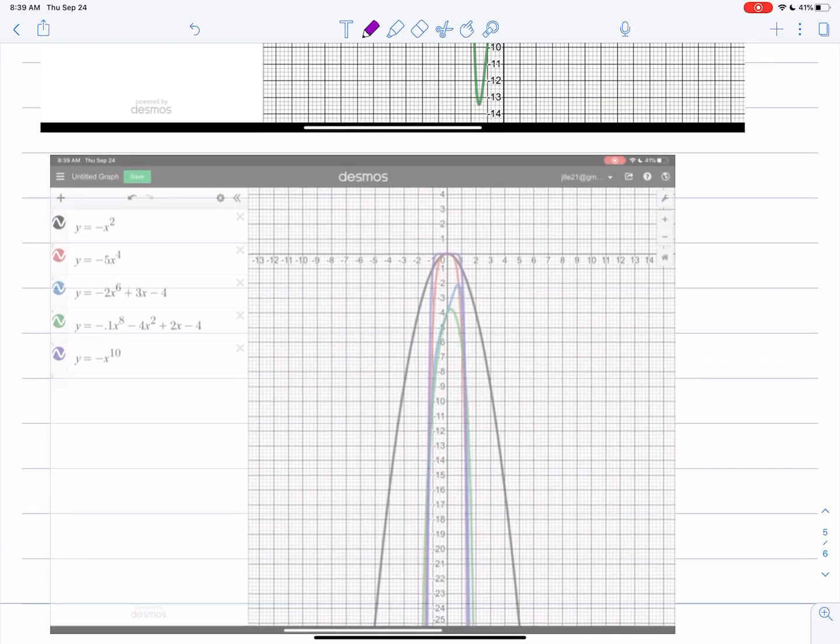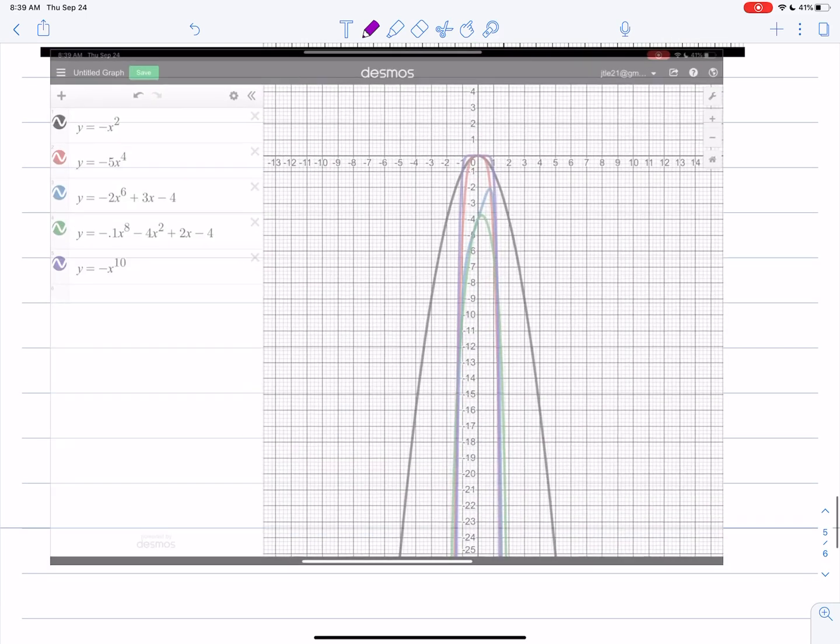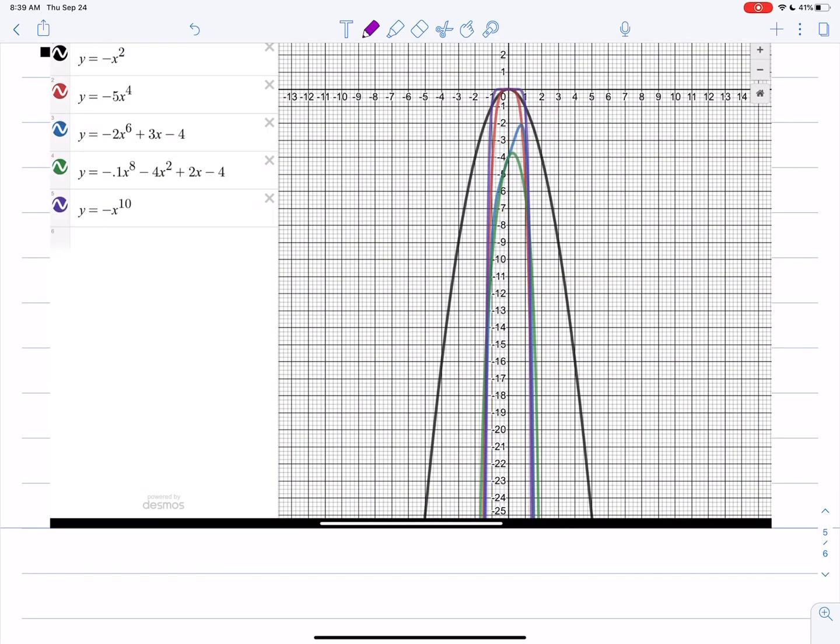Notice how, even if we reflect it, the limit of any of these functions as x approaches infinity, when we go to the far right, it goes far down, no matter which function you pick.